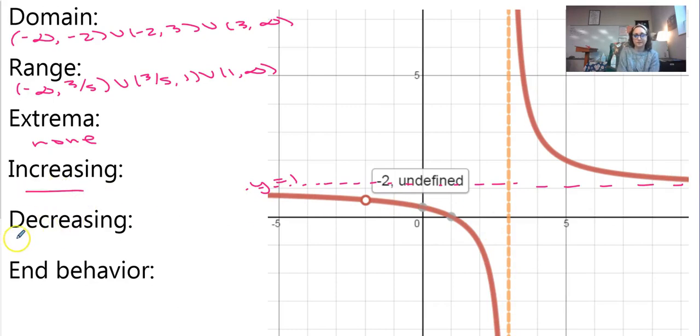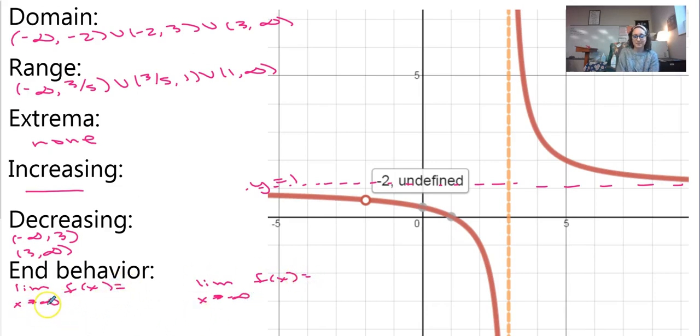So for increasing, I'm just going to leave that blank, but decreasing from -infinity to 3, and 3 to infinity. And then end behavior, remember this is where we do our limits. So go ahead and write limit as x approaches infinity of f(x), and limit as x approaches -infinity of f(x). Let's find these limits.